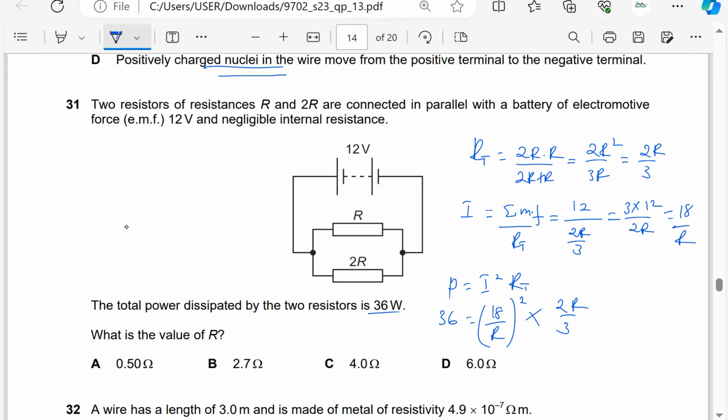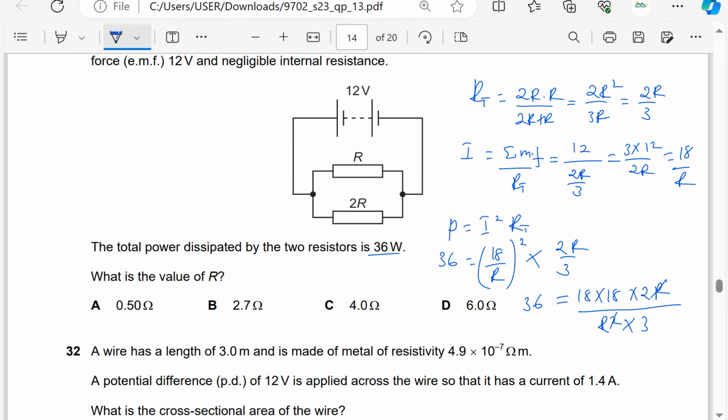I will say 36 equals 18 times 18 times 2R divided by R squared times 3. So one R cancels with that square. By 18, 1 by 18, this is 2.